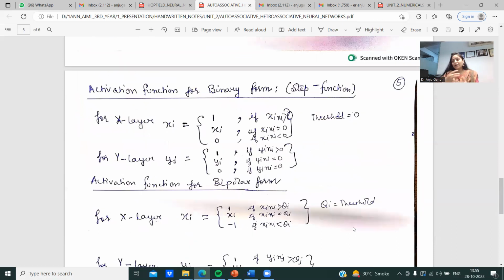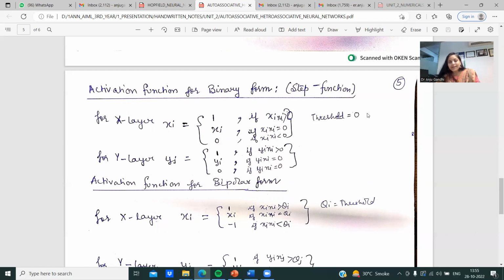Now, how will you calculate the activation function in case of binary form, the step function? We have an X layer and a Y layer. This is how we calculate the activation function: it is 1 when the net input is greater than 0, it stays the same when it is equal to 0, and when it is less than 0, it will be 0.